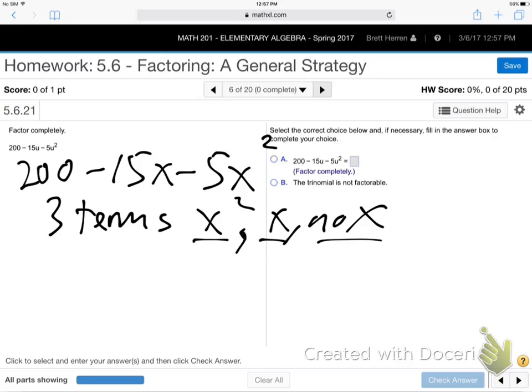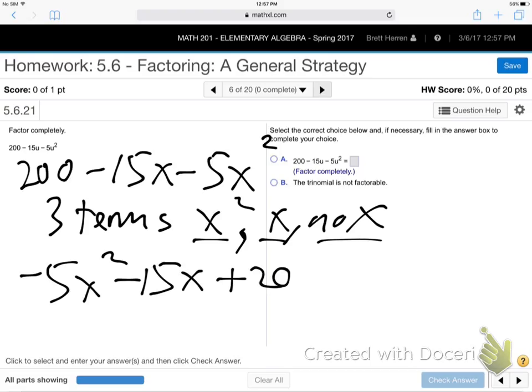So you've got to go minus 5x squared minus 15x plus 200. See that? Is that good so far? So reorder them from highest power to lowest.